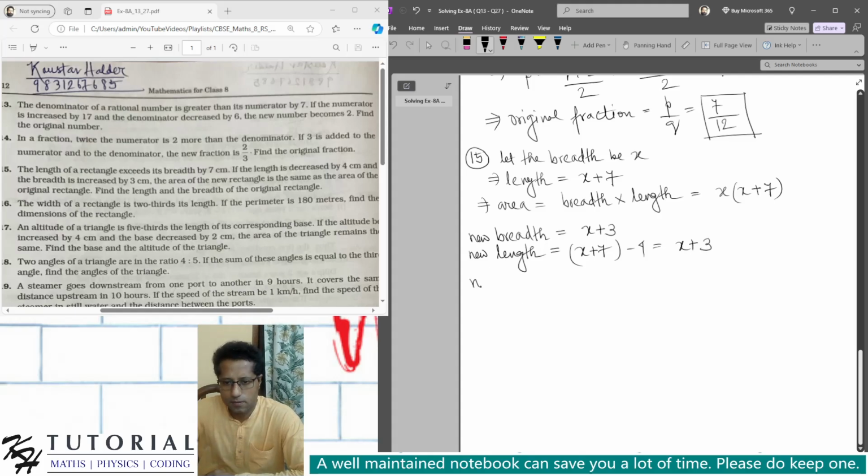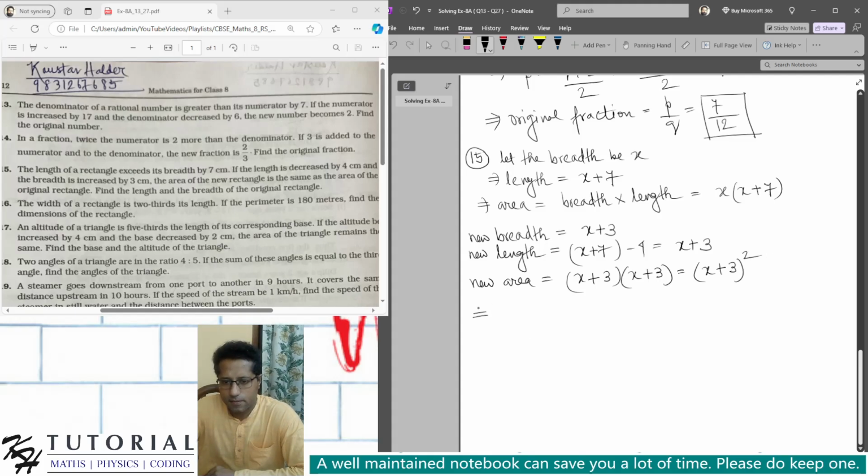So new area of the rectangle will be new breadth into new length, that is x plus 3 multiplied by x plus 3, which is equal to x plus 3 whole square.